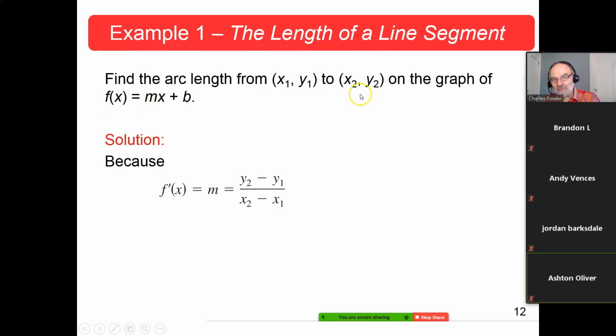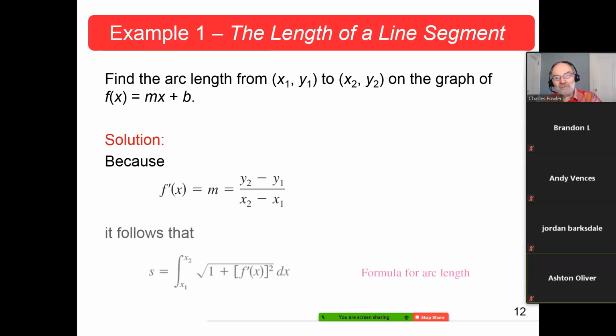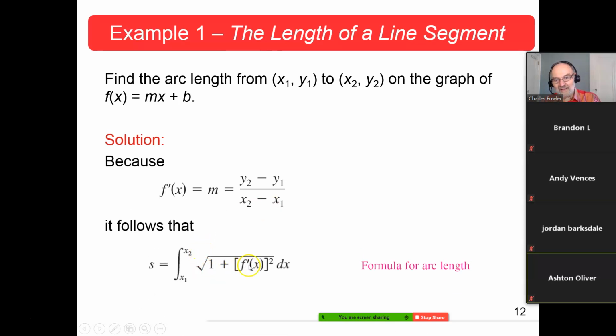But we know the slope between 2 points on a straight line is y2 minus y1 over x2 minus x1. Okay? So we're going to take that f prime and square it, put it under a radical, add 1 to it under the radical. And your arc length is from x1, your first x value, to x2, the second x value, of the square root of 1 plus the derivative of that function squared.